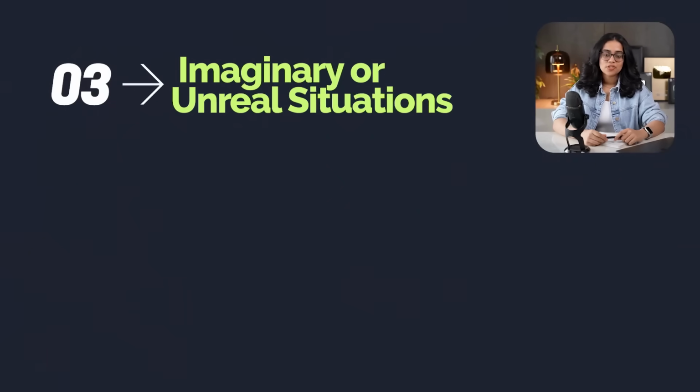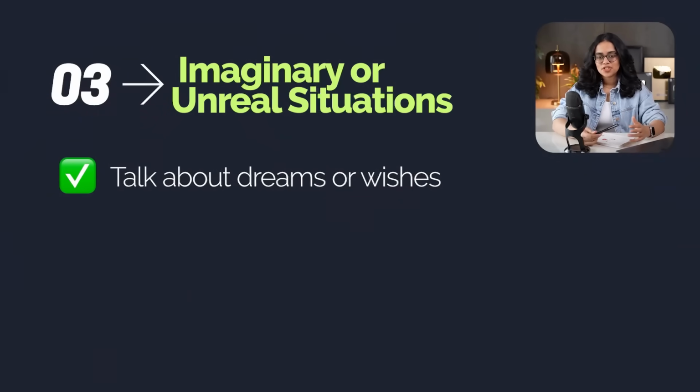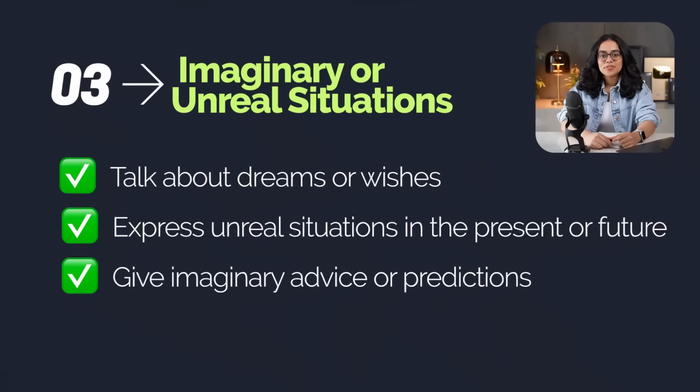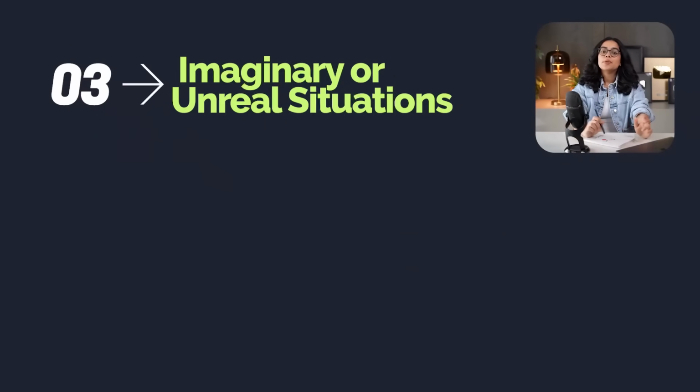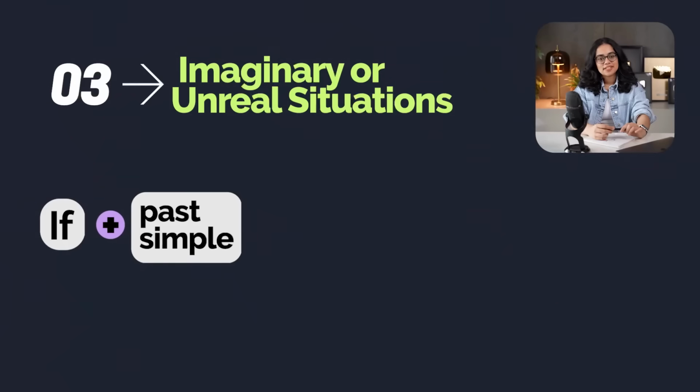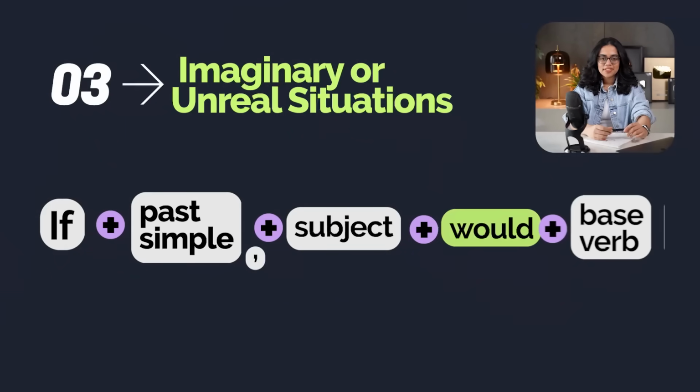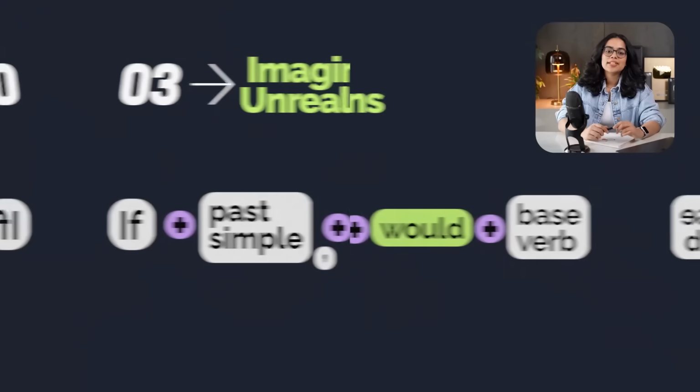Here, would is often used to talk about dreams or wishes, express unreal situations in the present or future, or to give imaginary advice or predictions. Let's look at the grammar structure. First, we use the if clause plus a past simple verb, then a comma, followed by a subject plus would plus the base verb. Take a look at this example.